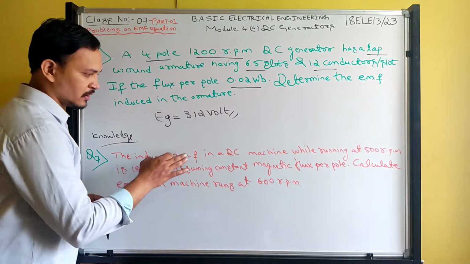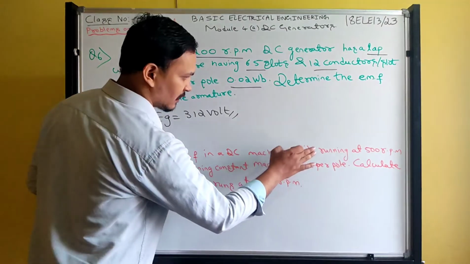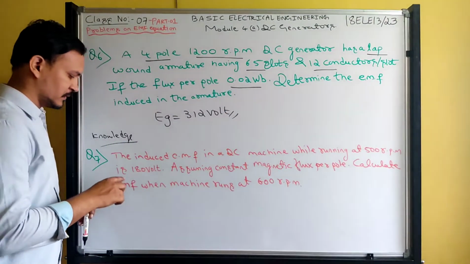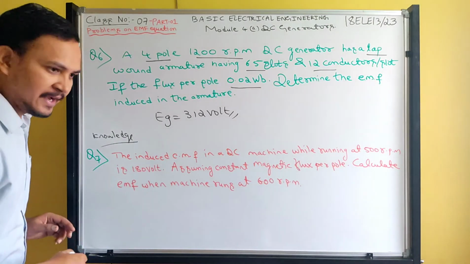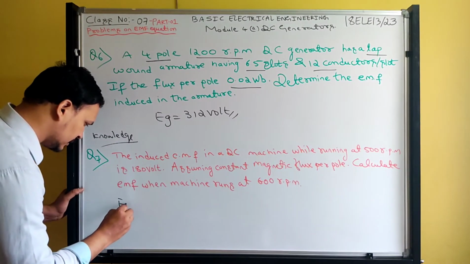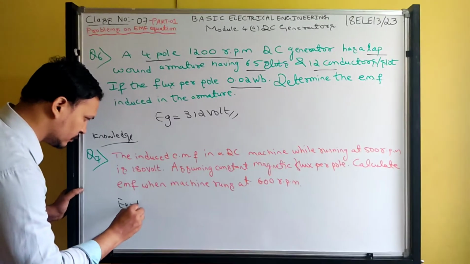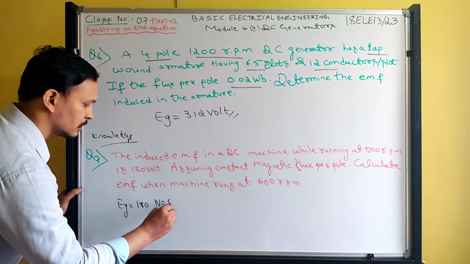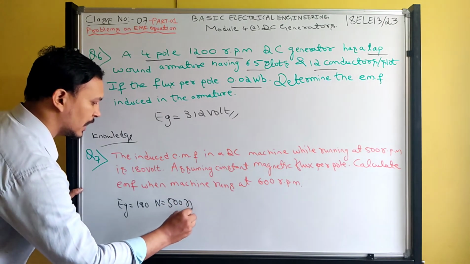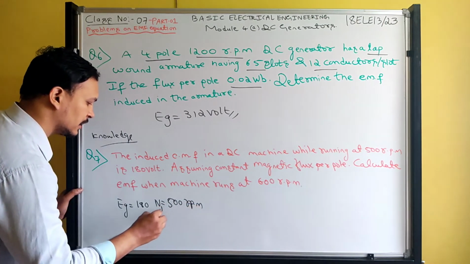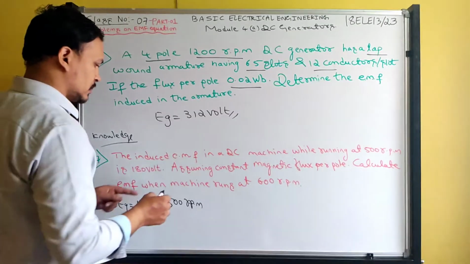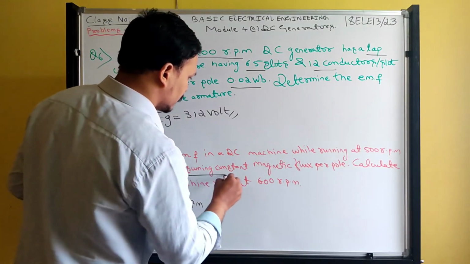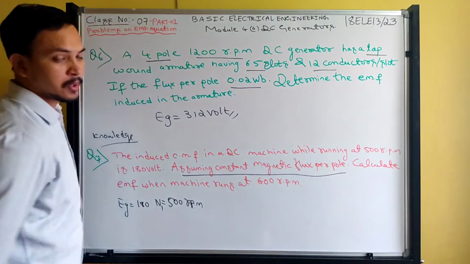The induced EMF in a DC machine while running at 500 RPM is 180 volts. See, Eg will be 180 volts when the machine runs at 500 RPM. Assume constant magnetic flux per pole.